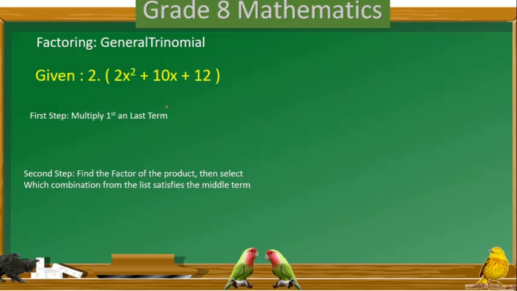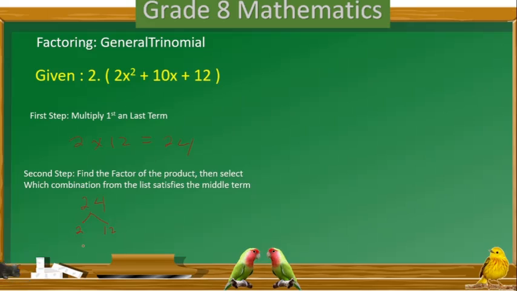You multiply 2 times 12, that is 24. So what are the factors of 24 in order to arrive at the middle term in the given? Let's say 2 and 12, 2 times 12 is 24. But when you add these, it equals 14.